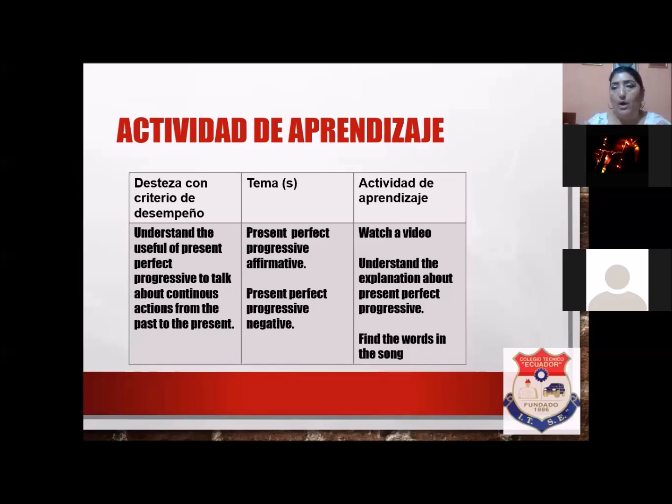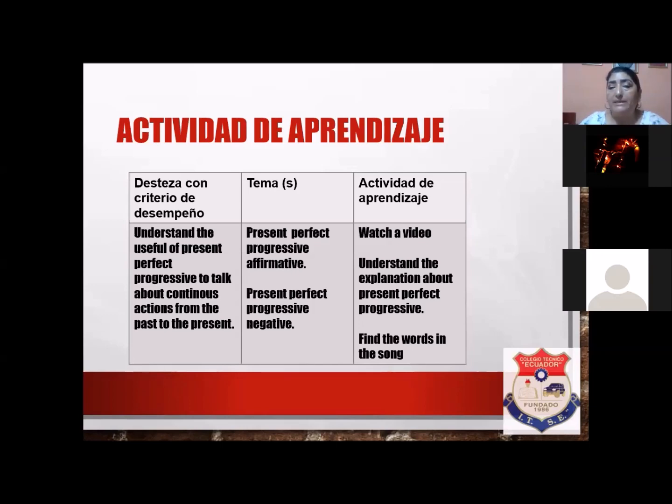When we talk about what I did yesterday, I don't know if the action is continuous, if the action is in progress, okay?